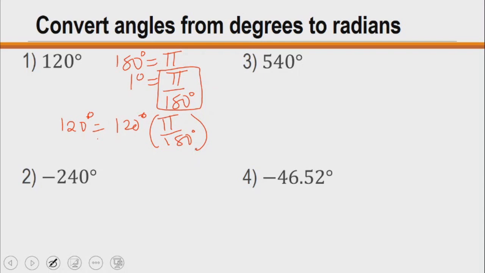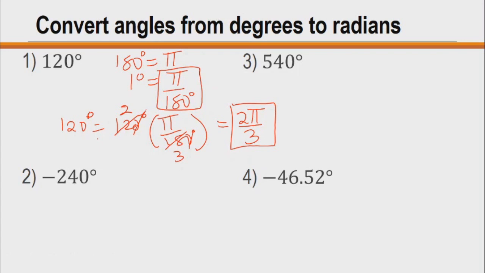You can see that 10 goes into 10, 6 goes into 12, that will be 2, and 6 goes into 18, that will be 3. So this equals 2 pi over 3. For question number 2 it is the same. We just multiply the degrees by pi over 180. Negative 240 degrees will be negative 240 degrees multiplied by pi over 180 degrees.